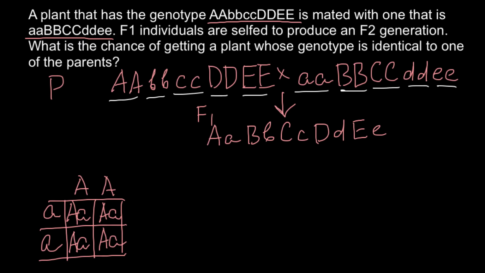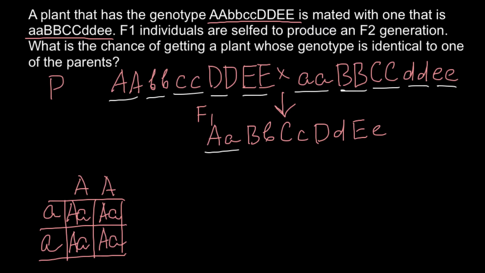Now, according to our problem, F1 individuals are selfed to produce an F2 generation. So the whole F1 generation is going to be uniform. Now we have to self-pollinate this F1 generation, and of course in the F2 generation we are going to get many genotypes. For example, let's consider once again this locus, this gene.